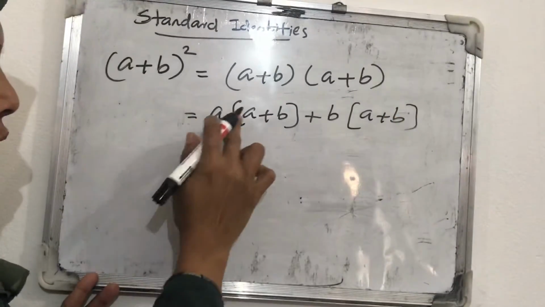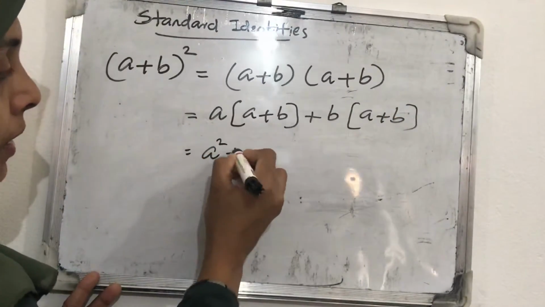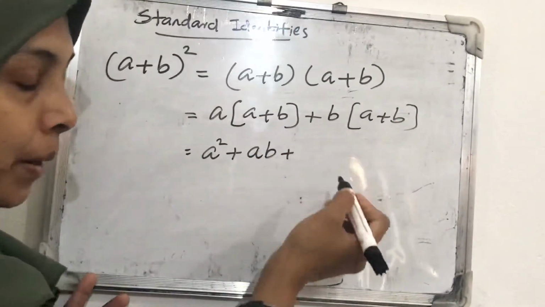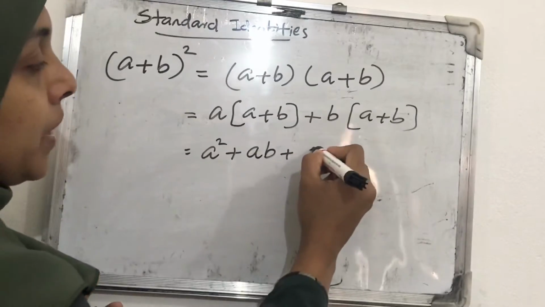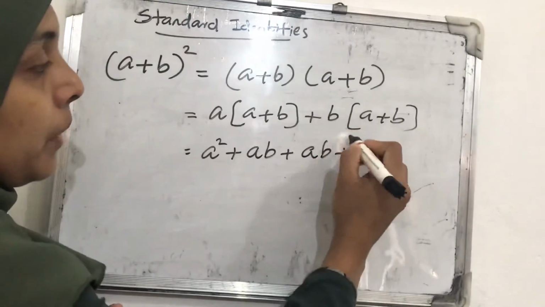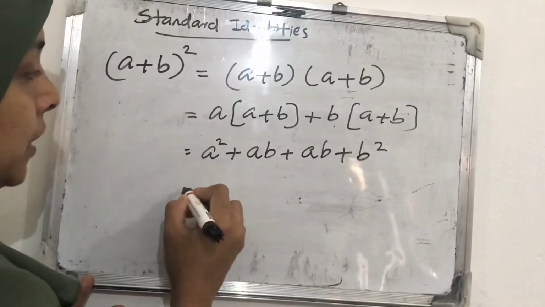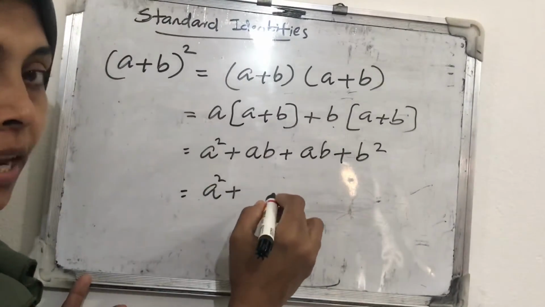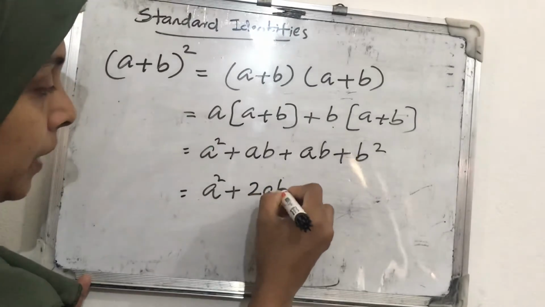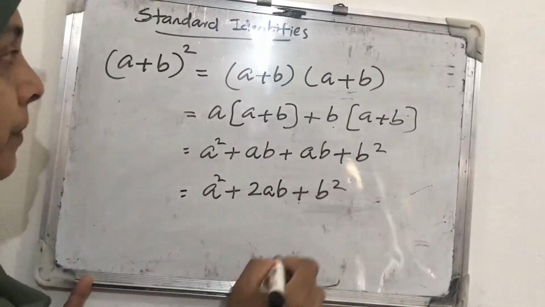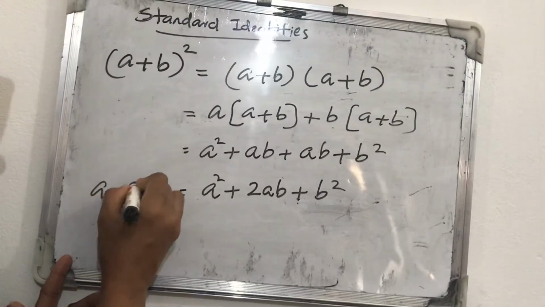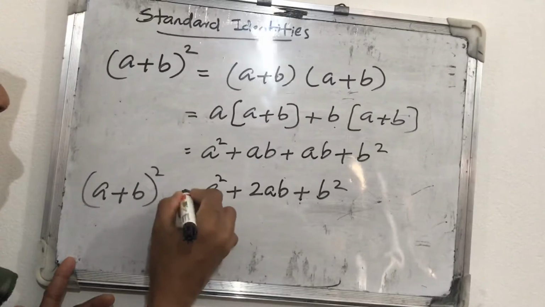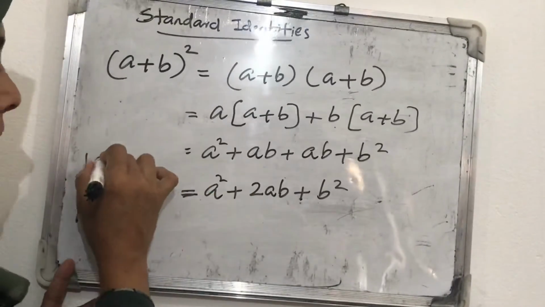So it will be a into a, a square, plus a into b, ab, plus b into a, ba or ab, both are the same, plus b into b, b square. So this is a square plus ab plus ab, which is 2ab, plus b square. So (a plus b) whole square equals a square plus 2ab plus b square.